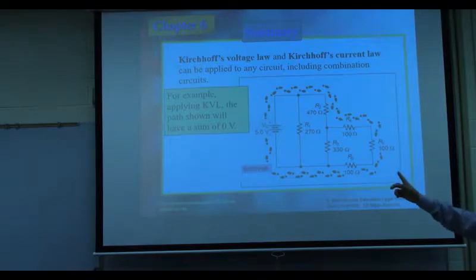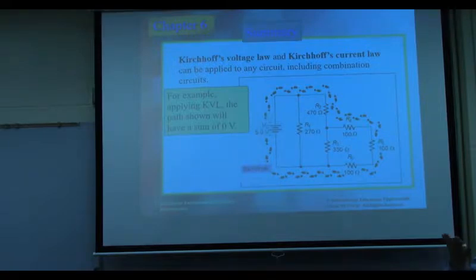Then the first one, the source, 5. We are going to write what? 5 or negative 5? I'll give you a hint. When you write the KVL, you need to write the sum of all the voltage drops equal to 0: something plus something plus something equal to 0. That is the law.